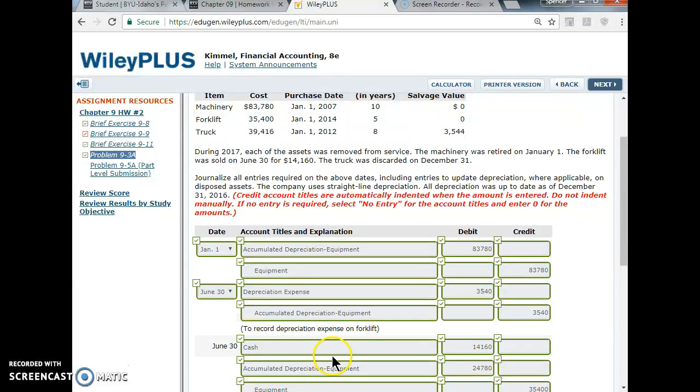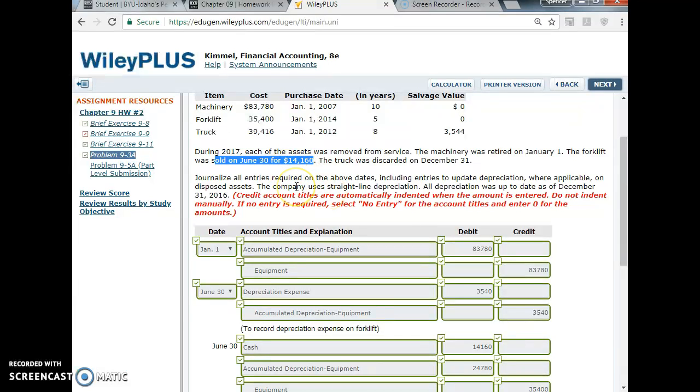Next, it says to calculate the depreciation expense on the forklift, and this was a little confusing at first, but it says all depreciation was up to date as of December 31st, 2016. So we don't have to do the total up until then. We just have to do from December 31st, 2016 to when it was sold on June 30th for $14,160.